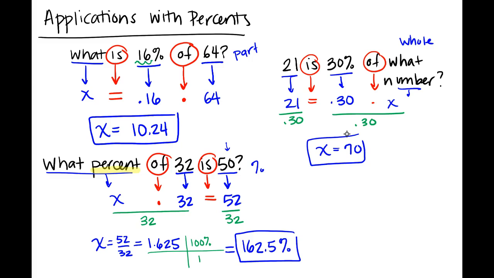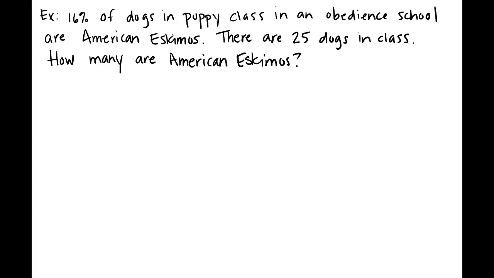Now I'm going to give us a couple of examples here where we put some context in. So it's going to be a little bit trickier to find everything, but more like what you would have in real life. This is an example that translates exactly the same way, but is much more complicated because we've got an application. We had to figure out what goes where. So we still have our "of," and in this case, instead of "is," we have "are," which is the same thing when we have plural.